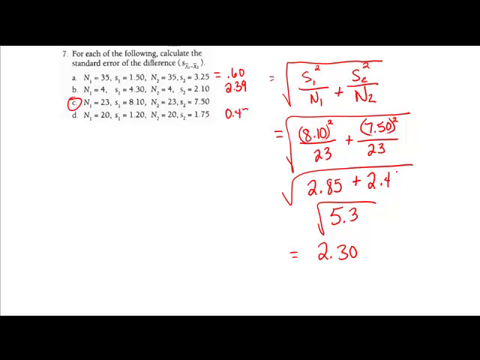And D, the answer was 0.47. Just following our steps. Remember, we do the square first, then the division. Once we have these numbers, we can go ahead and do the addition. And then finally the square root.